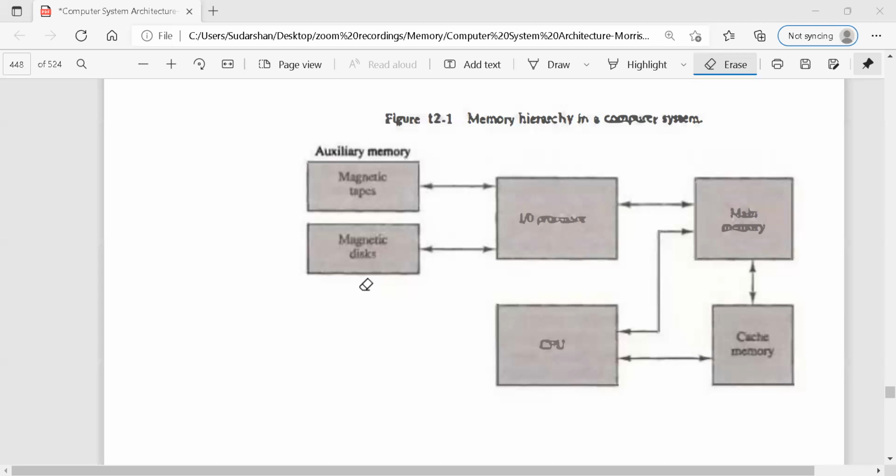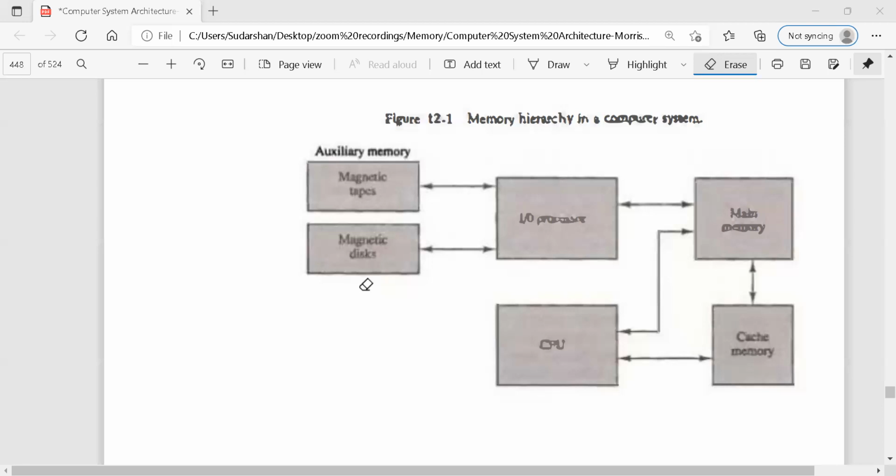And of course, also about ROM, read-only memory. We have to see the different types of ROM, so that we can discuss in the next session.